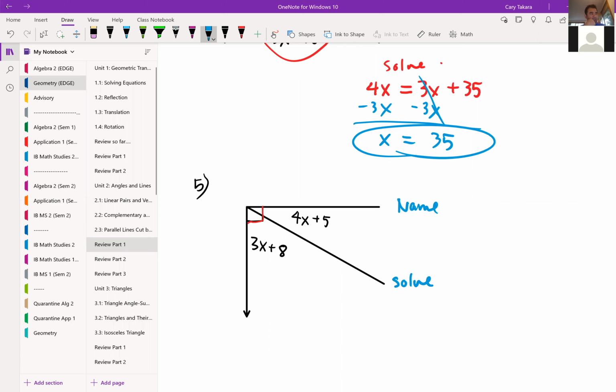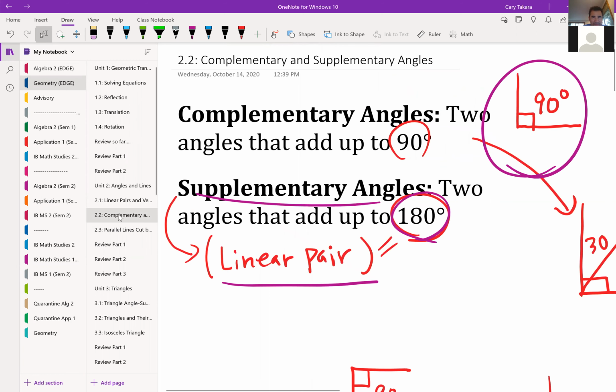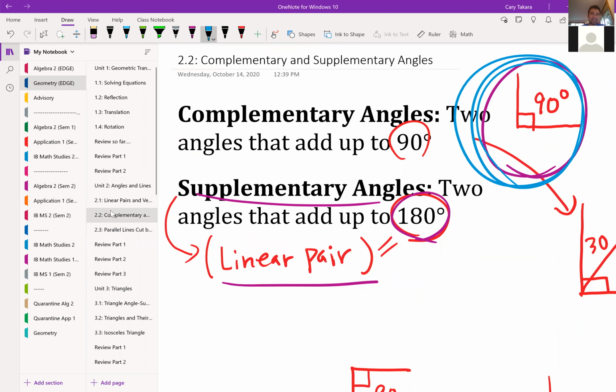Nice job, Jeanette. So here's a hint, Gabriela. See this right here? That 90-degree sign. That should give you a hint.